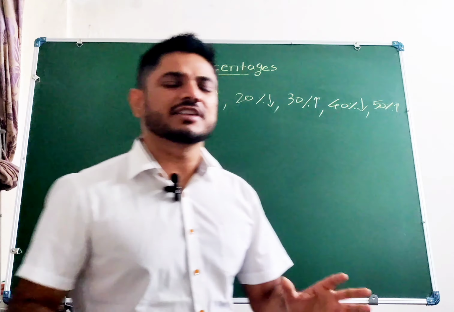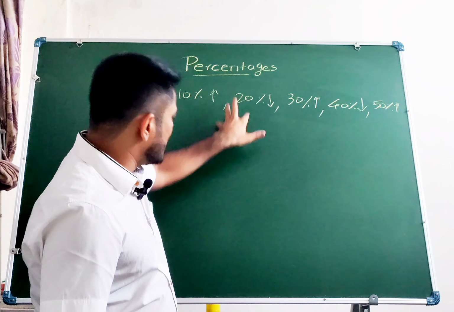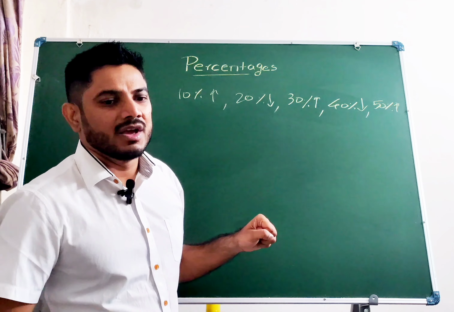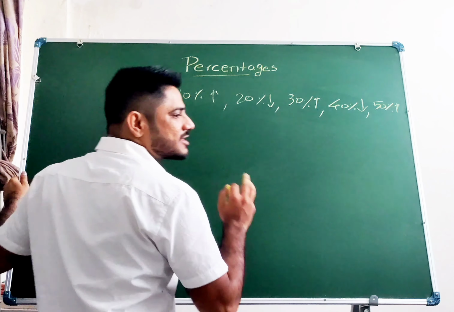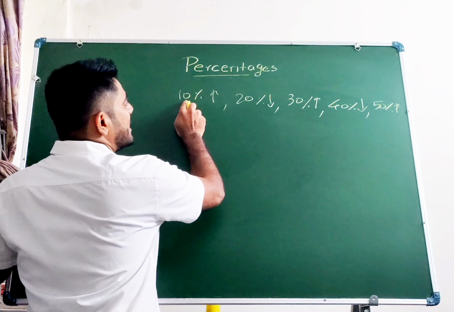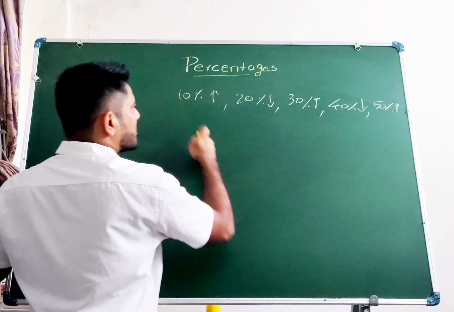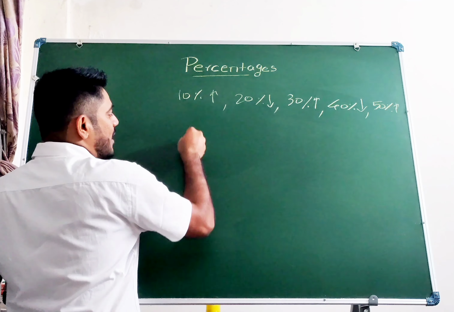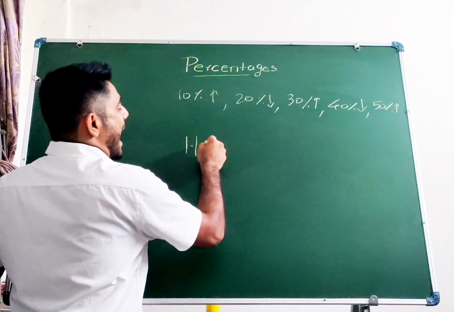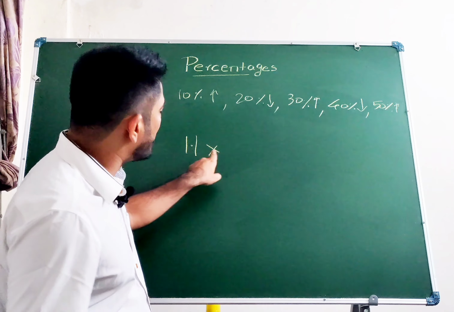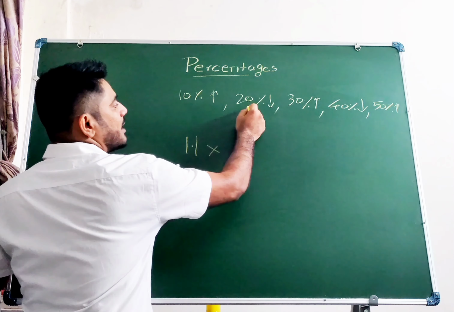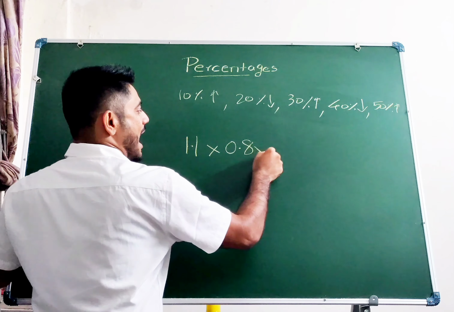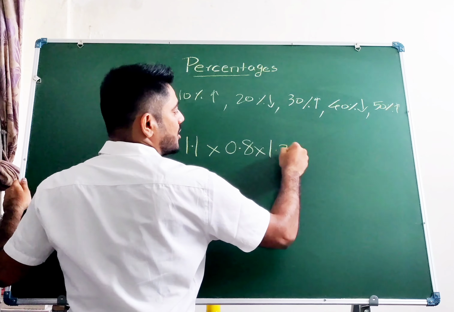Now clearly I have 5 successive percentage changes, and applying it in that formula, I'll have to do multiple operations over here. Instead of that, what I can do is, I can just use the multiplying factor. If you remember, increment was 1 point something, decrement was 0 point something. 10% increment would be 110%, which is 1.1. So the multiplying factor would be 1.1. And since it is successive, multiplication sign is mandatory. Decrement by 20%, 0.8, right? Because it was 80%. And increase by 30, 1.3.